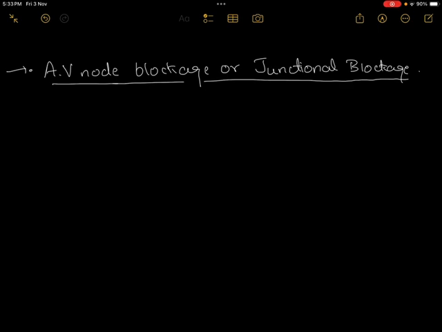So today, the agenda of our discussion is what the types of blockages are, how we classify the AV node blockage, about its classification, and what the factors are which may lead to AV node blockage.